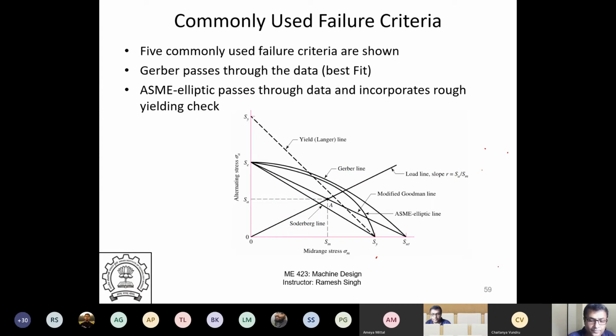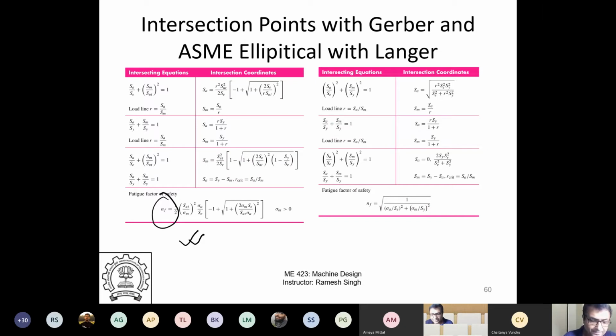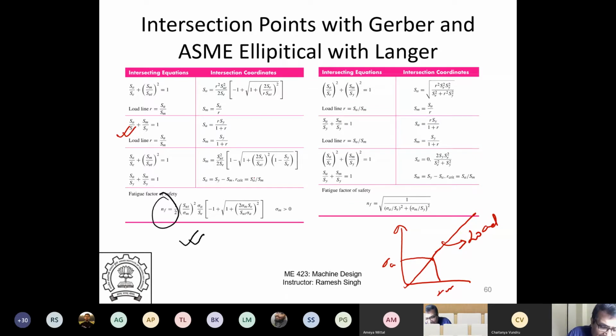So these are the equations for different conditions. There is something called load line. Load line, which I showed you, basically means if I have sigma A and sigma M here, the line which passes through this point and the origin is the load line. And there's a critical line.